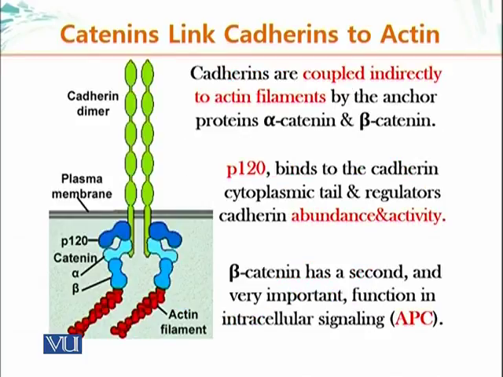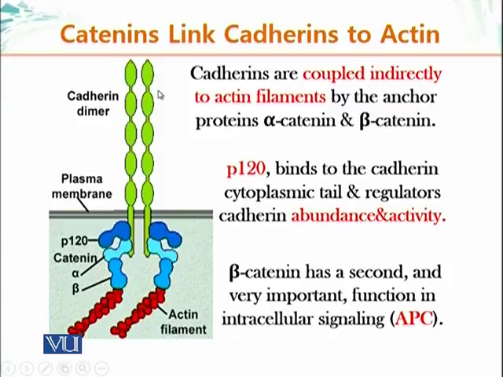Cadherin molecules are indirectly coupled to actin filaments by the anchor proteins alpha-catenin and beta-catenin. I hope you remember again that we have talked about beta-catenin when we were talking about adenomatous polyposis coli signaling in our previous course. So here we have our cadherin dimer.